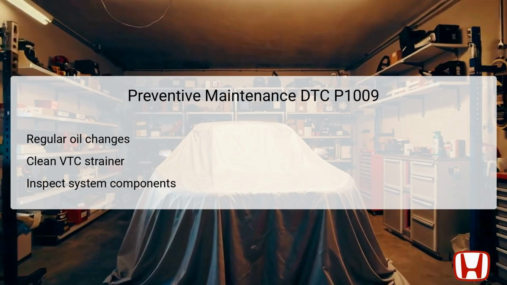Consistent checks on the VTC oil control valve and actuator can help identify issues before they escalate, ensuring the entire system operates smoothly. Adopting these practices can significantly extend the lifespan of the VTC system and minimize the likelihood of future problems.